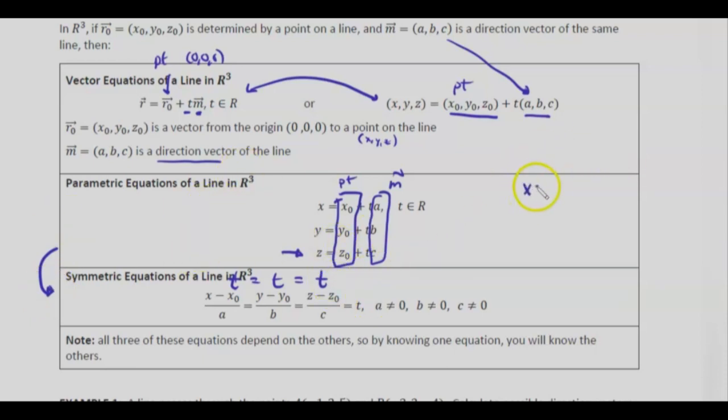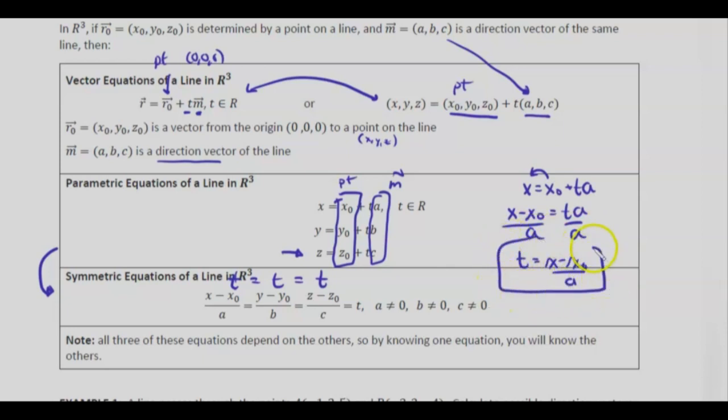If we had x equals x naught plus ta, I would move the x naught over to isolate for t. Now we have x minus x naught equals ta, and I would divide both sides by a. So now I get t equals x minus x naught over a, and this is that first symmetric equation.